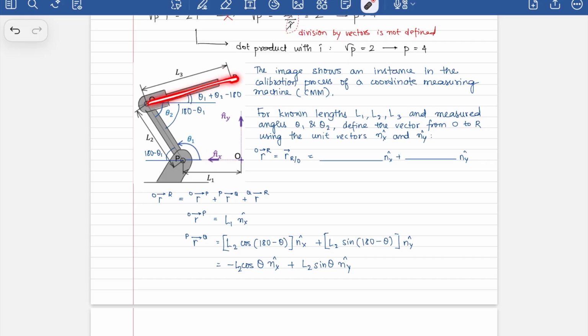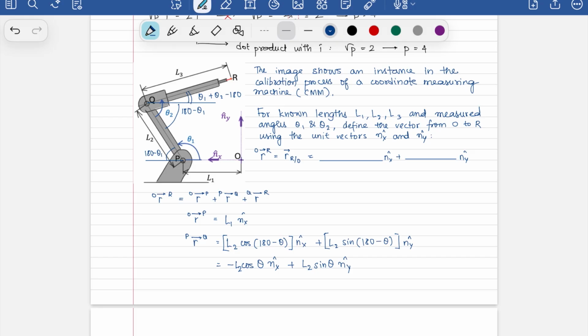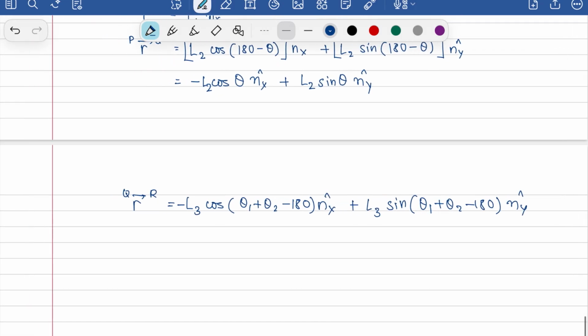So this component here, which we just defined, is in the opposite direction since this is x hat. Okay, so there's again a review. Plus, you have L3 sine of theta 1 plus theta 2 minus 180 in the y hat direction. So it's along this direction.